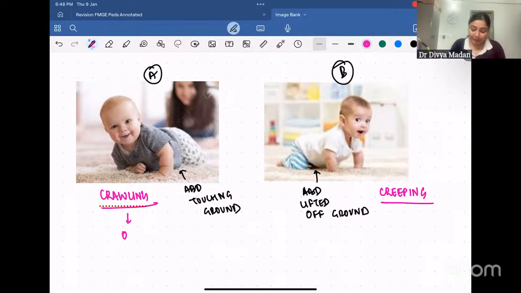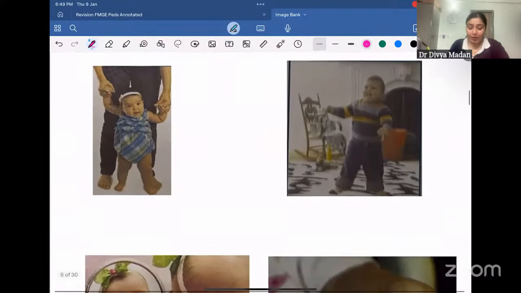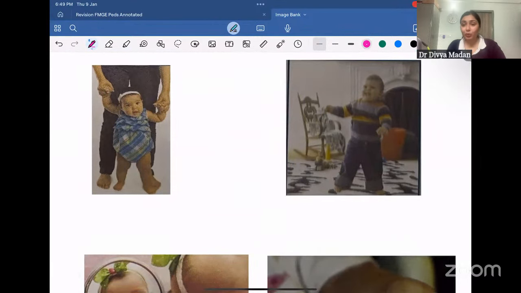Crawling comes at 8 months of age, whereas creeping comes at 10 months of age, right? Now moving down, can you see here the child is trying to walk?